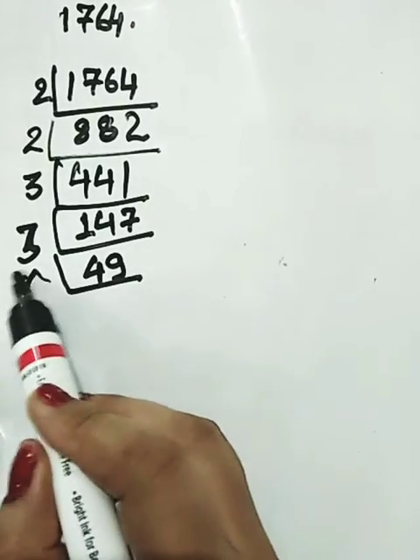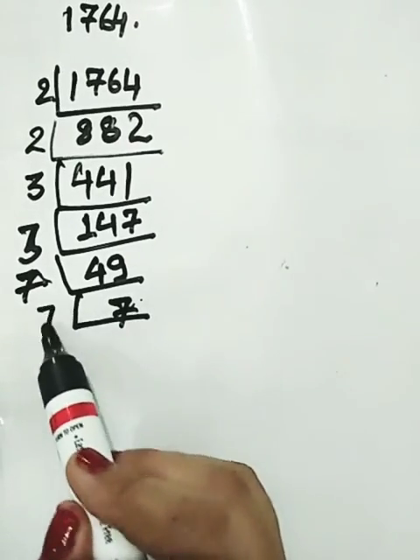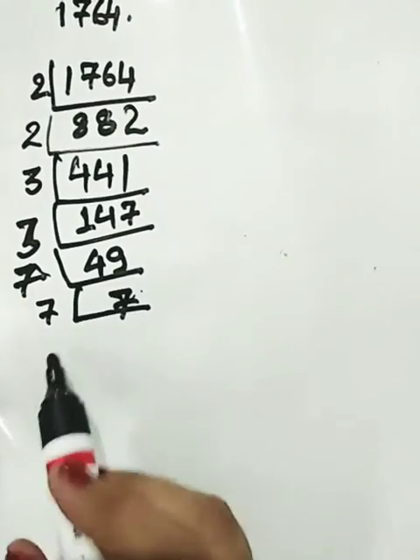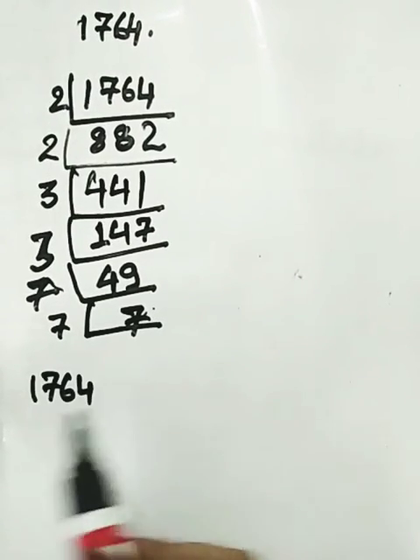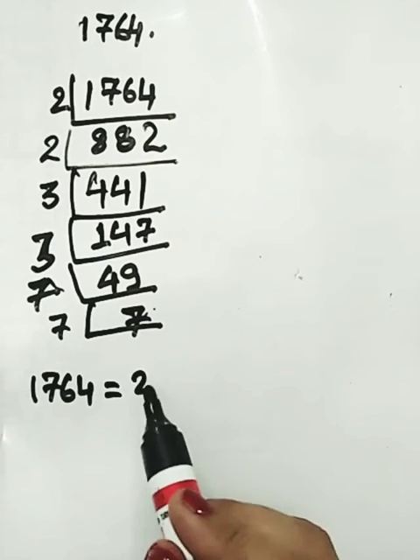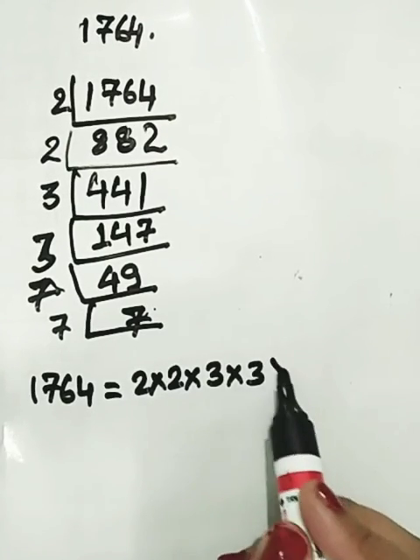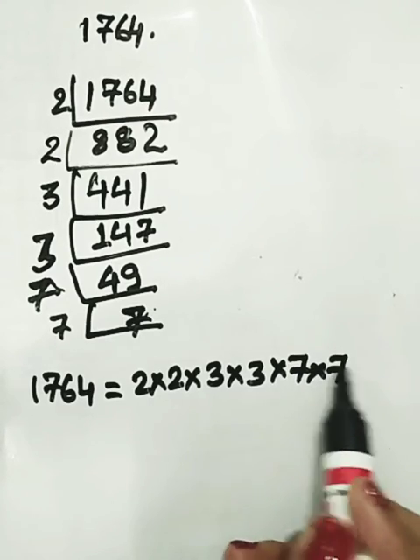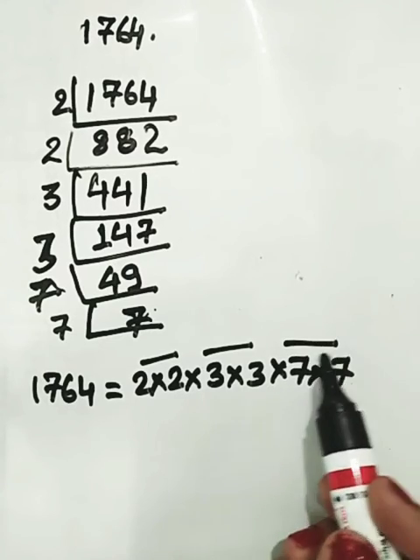Then again it will go with 7. 7 7s are 49. So 1764 will be written as 2 into 2, 3 into 3, 7 into 7. 2 sets, 2 of 2, 3 and 7.